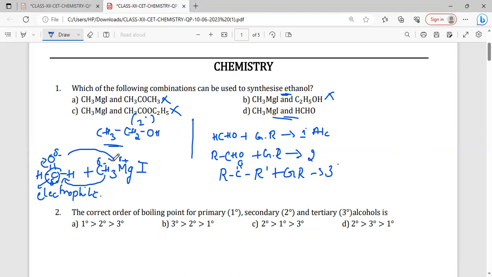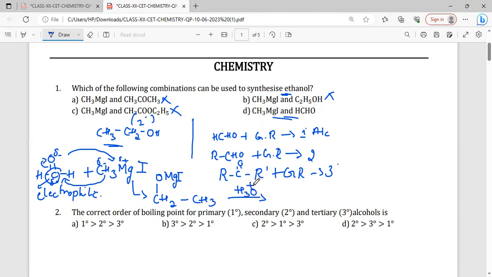So now this CH3 minus will attack this carbon. Now we'll be getting CH3CH2O minus, and to this magnesium iodide is attached, MgI.